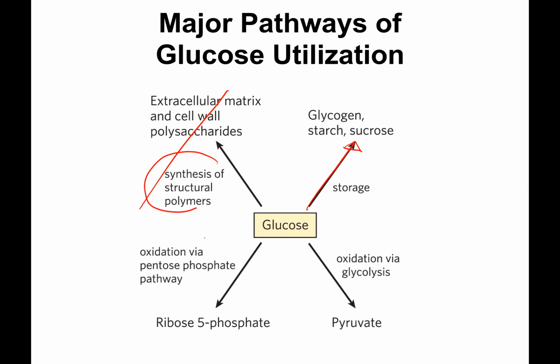We will also be looking at the pentose phosphate pathway, which makes ribose 5-phosphate. That in itself can go on to help manufacture DNA molecules, for example, but it has a lot of other roles. I don't need to get into it now. We will be looking at that, and that is a potential fate for glucose. But today, we're definitely just going to be talking about the oxidative breakdown of glucose to pyruvate.